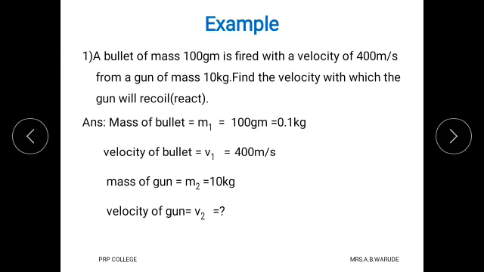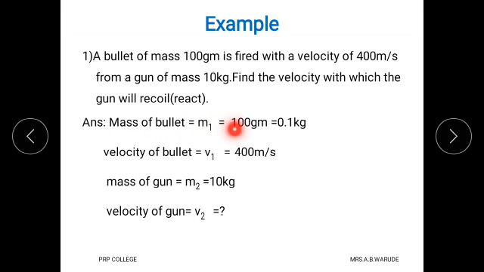Then we solve one example. A bullet of mass 100 gram is fired with a velocity of 400 meter per second from a gun of mass 10 kilogram. Find the velocity with which the gun will recoil, that means react. First we write the given values. The bullet of mass 100 gram is the mass of the bullet.